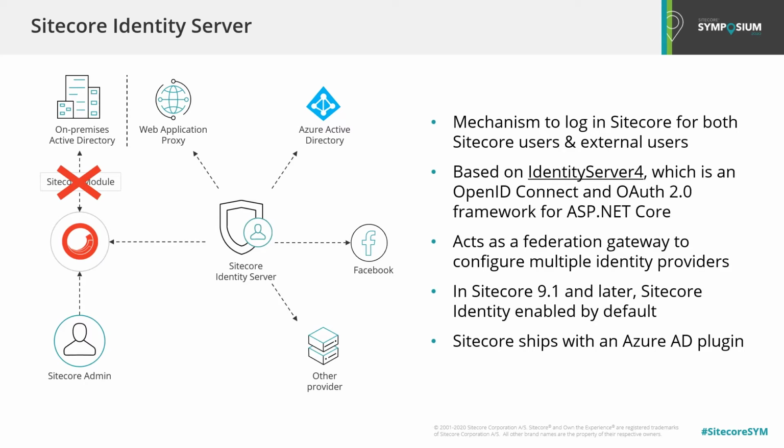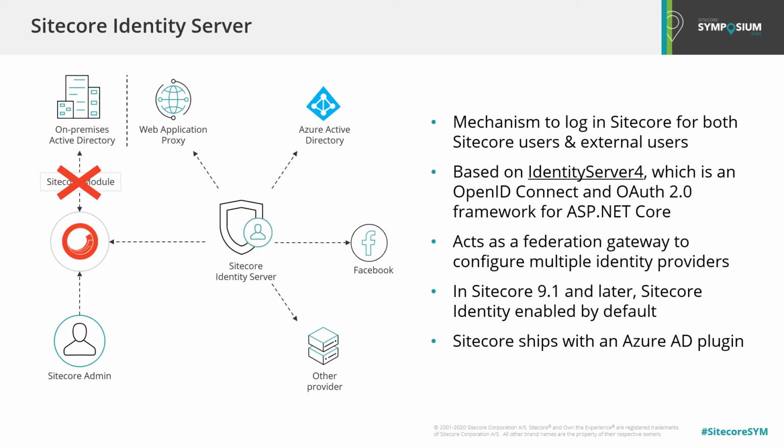In summary, Sitecore Identity Server acts as a federation gateway to configure multiple identity providers for your Sitecore instance. It is built on top of Sitecore Host. Other examples of Sitecore Host applications being the publishing service, Universal Tracker, and Horizon.